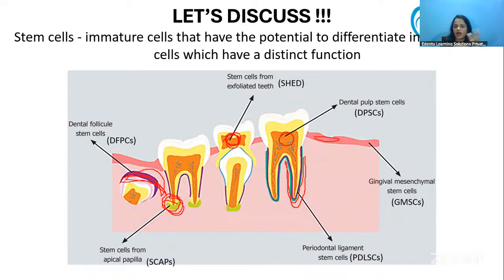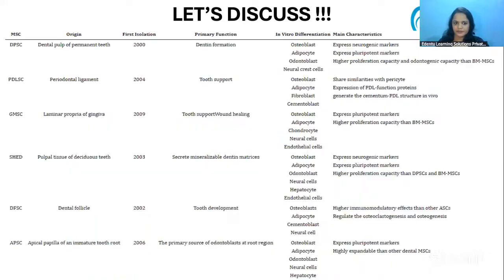SCAP and SHED are really important because they can ask what SHED means or what SCAP means. SCAP is the stem cells from the apical papilla. So this is the overall information about all the stem cells present in the oral cavity.